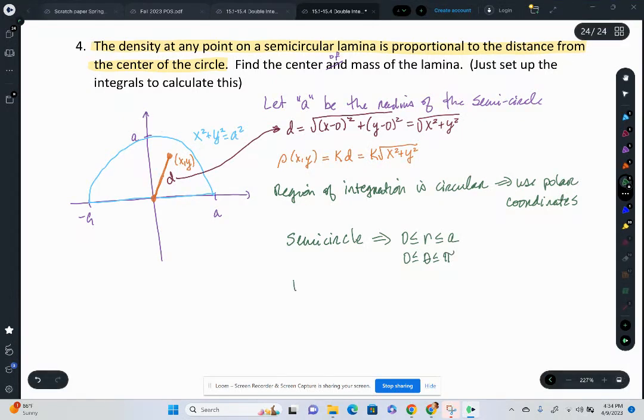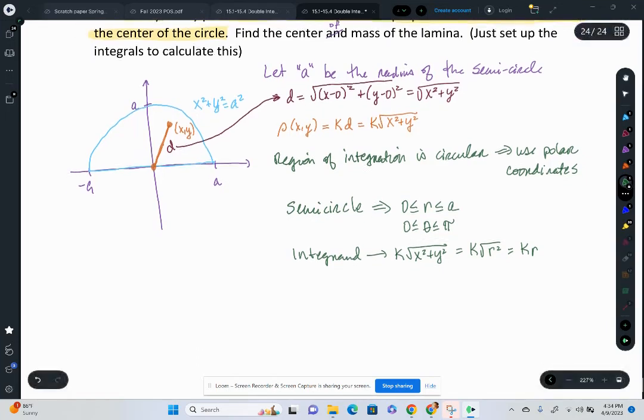And then our integrand, we have k square root of x squared plus y squared. We have to always remember that x squared plus y squared is r squared. So we're looking at k square root of r squared, which simplifies to be kr. Okay? And then dA, we have to always remember is r dr d theta or r d theta dr, depending on what order we want to go. All right, let's go ahead and do this.